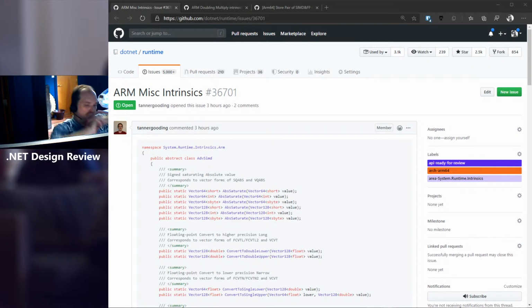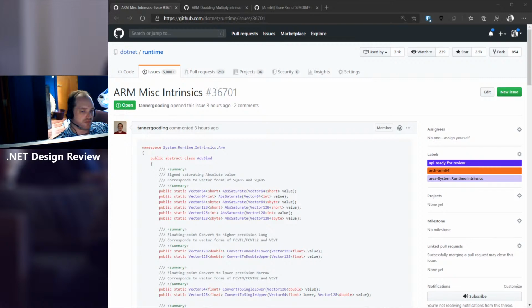So for the variant taking both floats and converting them to two doubles in a vector, right. Whereas with the convert to double lower version, taking in 4 floats, only taking the lower 2 and converting to vector 128. And with upper, you take the upper 2 of the vector.